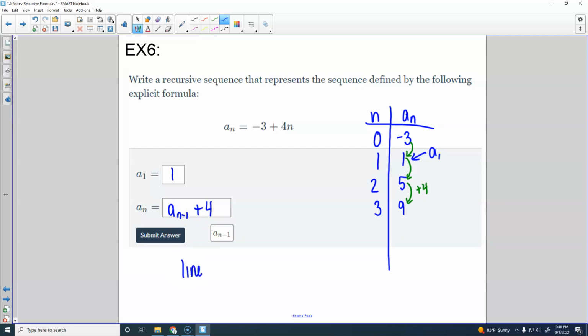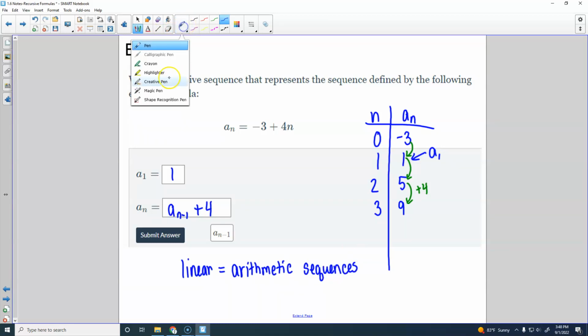Linear explicit formula. So linear functions are going to be arithmetic sequences. And you can kind of see here that the amount that you're adding each time, that's the slope of your graph.